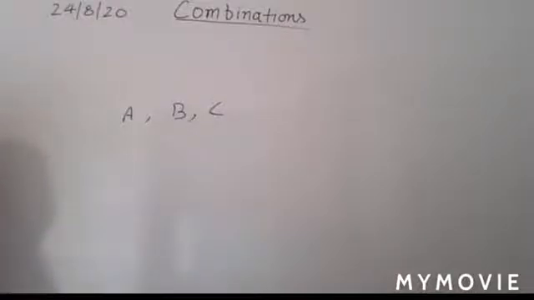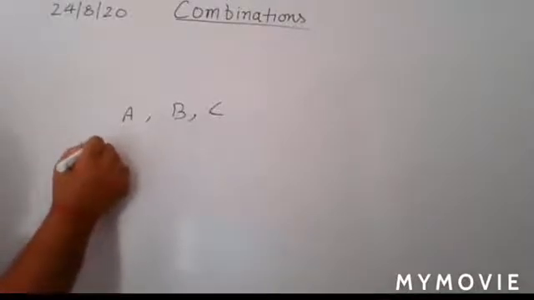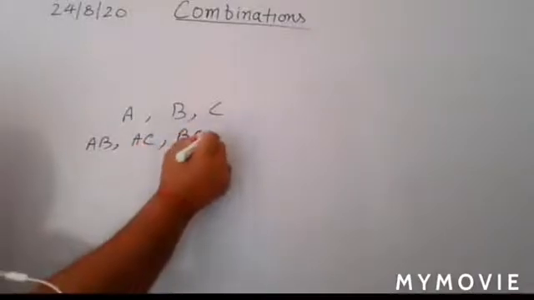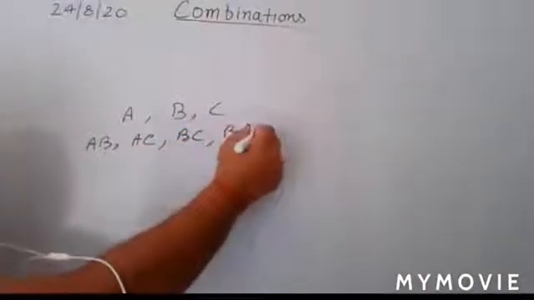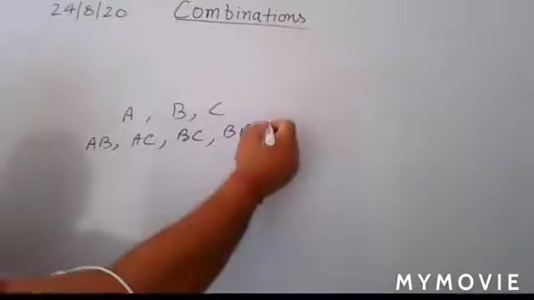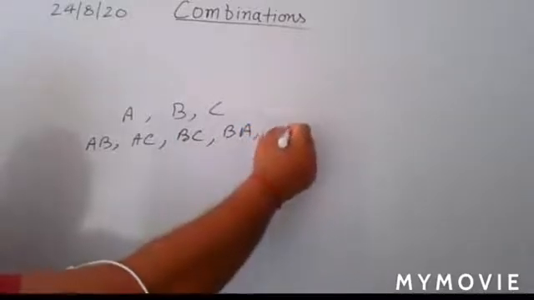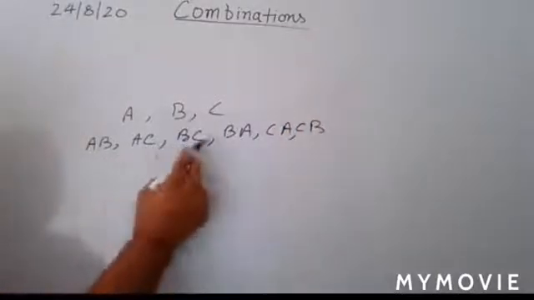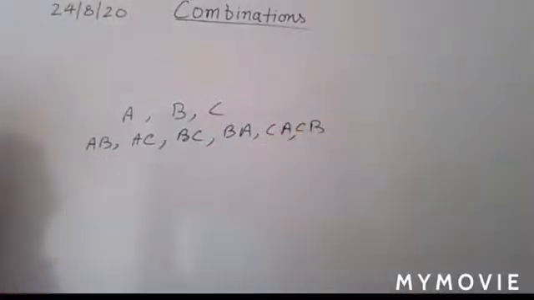You write AB, AC, BC, and then interchange them: BA, CA, CB. Check it: 1, 2, 3, 4, 5, 6 arrangements are there. That is the process of permutation, where you take different arrangements by taking two distinct objects.